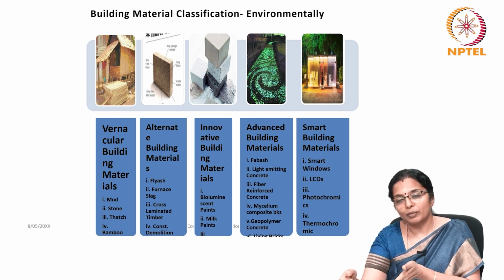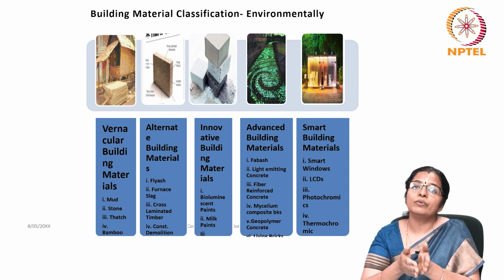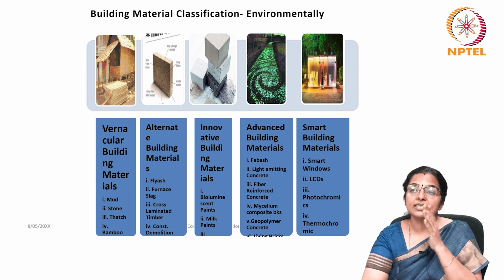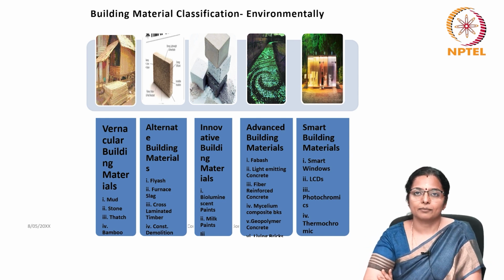Similarly with smart building materials, we saw the concept of these building materials and how we could likely use them, but we were not able to see many case studies. The reason is that these are all upcoming materials.